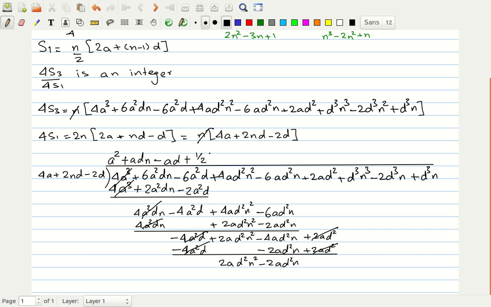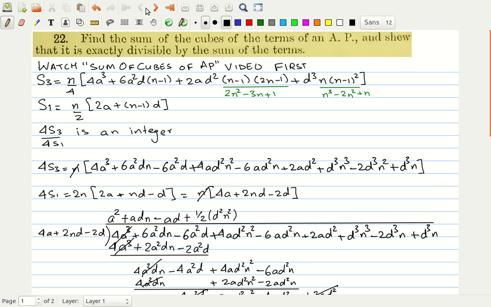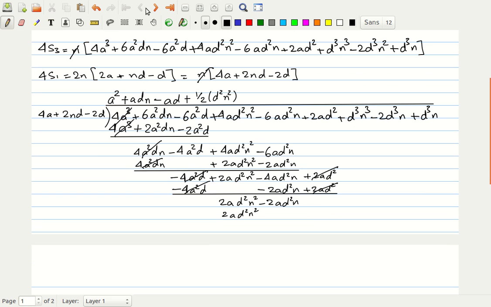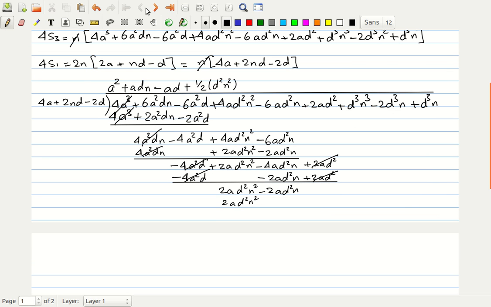So we multiply this by half d square n square, so you get 2a d square n square.